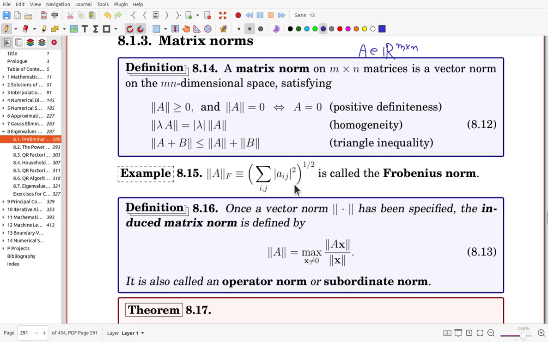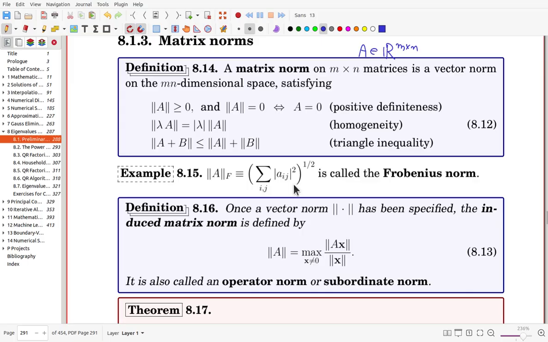This is the Frobenius norm, which is just a direct expansion of the L2 vector norm: the square sum over all entries, and then half power.